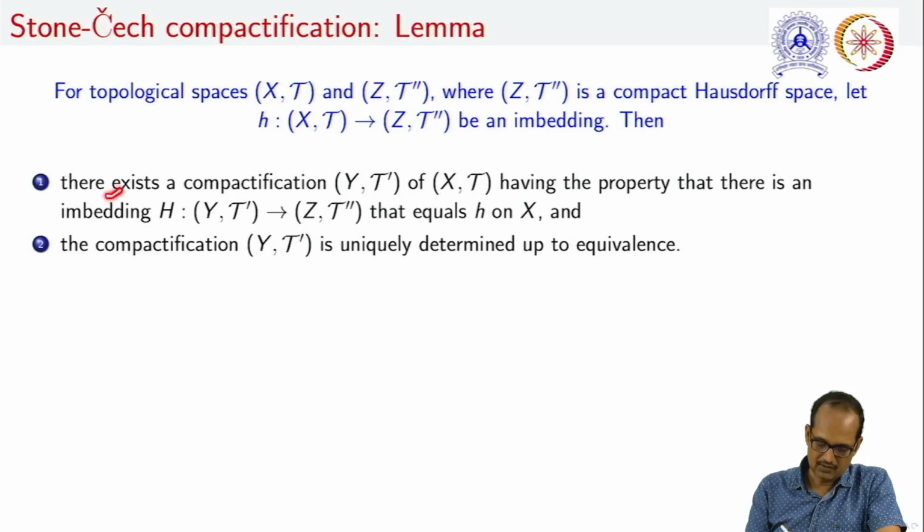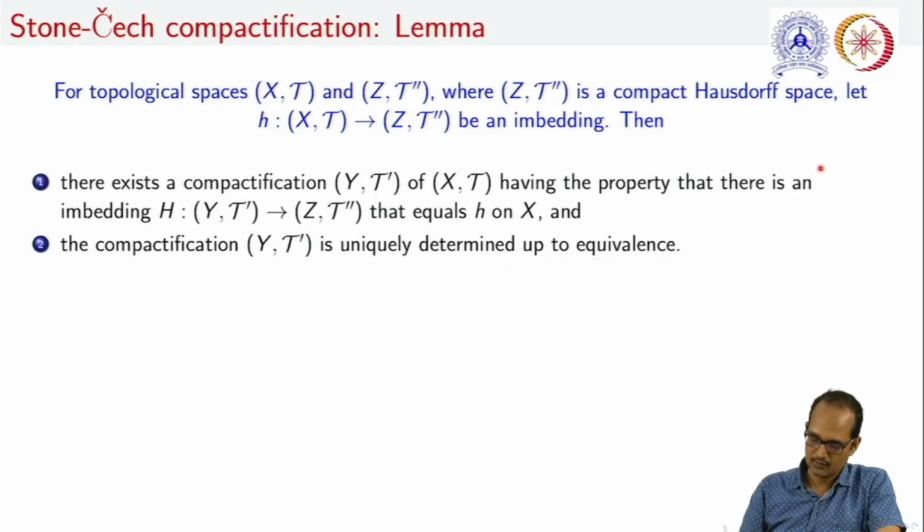Then there exists a compactification (Y, tau dash) of the topological space (X, tau), with the property that there is an embedding, let us denote it by capital H, from the topological space (Y, tau dash), which is a compactification of (X, tau), to the given compact Hausdorff space (Z, tau double dash), and the property of H is that it equals this small s on X. And further, the compactification (Y, tau dash) about which we are discussing is uniquely determined up to equivalence.